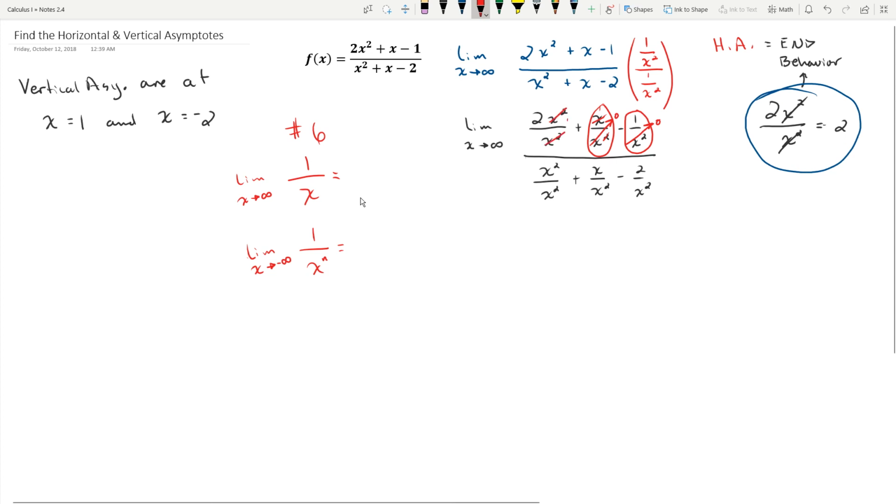This reduces to just 1 over 1, which leaves us with just 2. In the denominator, x squared divided by x squared leaves us with just 1 over 1. This will reduce to 1 over x. And again, that is heading towards 0. And 2 over x squared.